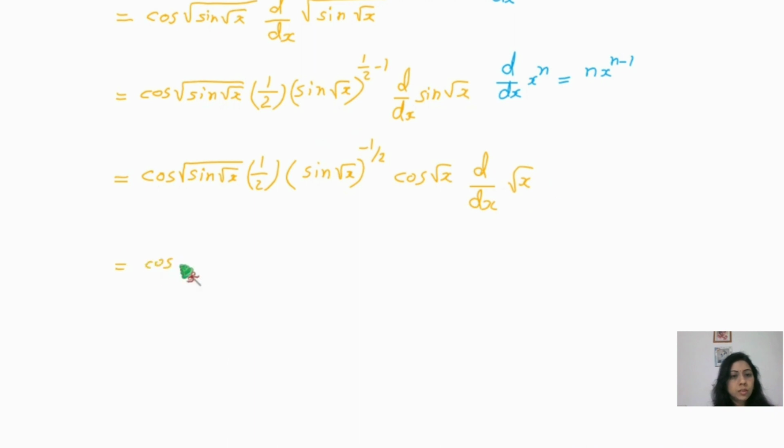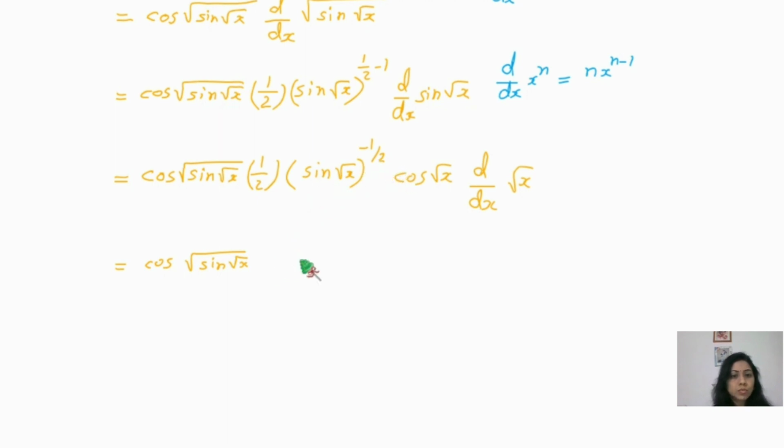So cos square root sine square root x, and this negative half power goes into the denominator, and it will be positive, and half power we can write in radical form.